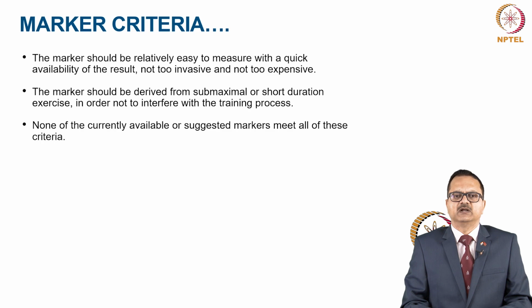The marker should be relatively easy to measure with a quick availability of result, not too invasive and not too expensive. The marker should be derived from submaximal or short duration exercise so there is no interference with the training process. As I said earlier, they may as well ask for the moon, because none of the currently available or suggested markers meet all of these criteria.